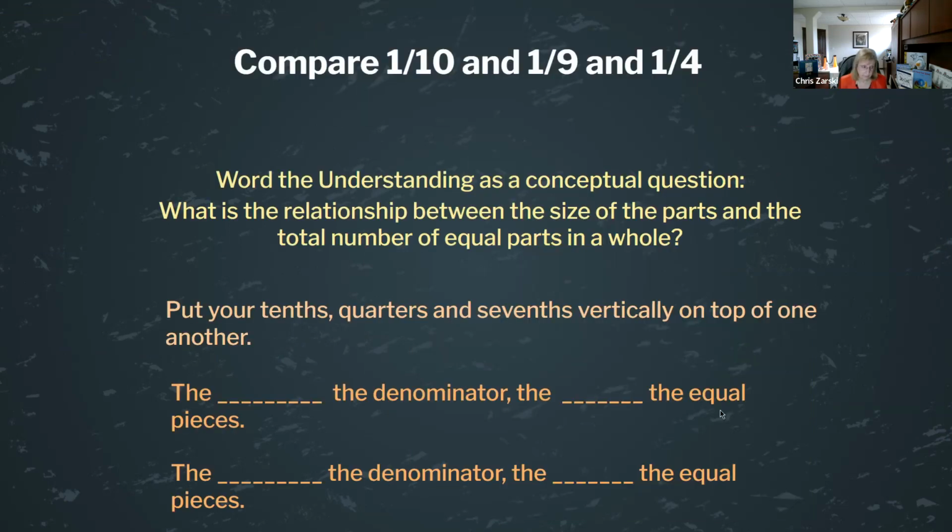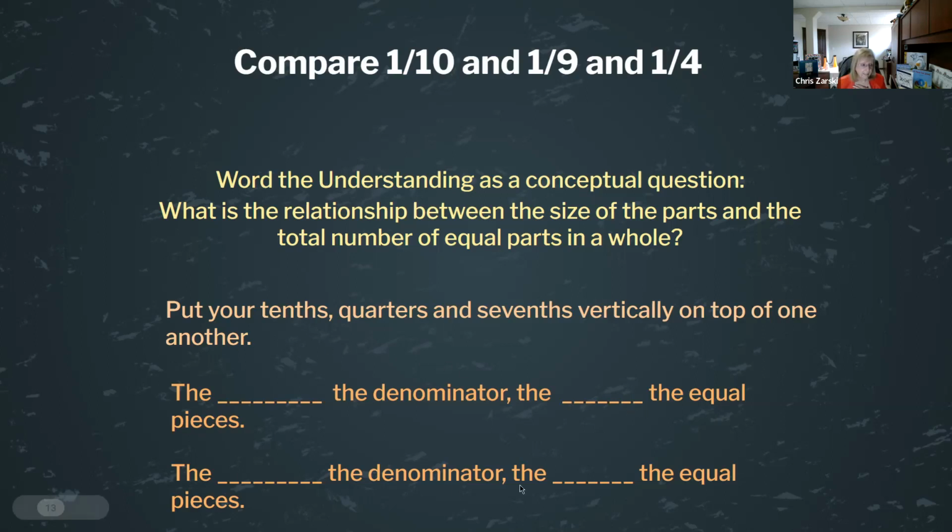So you could even have up on the board here a statement like this. And this could be where you start. In fact, if this was me, I would have these 2 sentences up on the board and say the blank, the denominator, the blank, the equal pieces. So the smaller the denominator, the larger the denominator, right? Those are only two options I have.